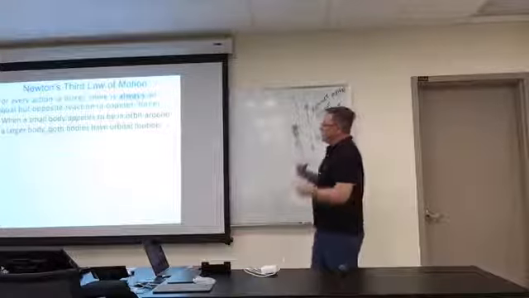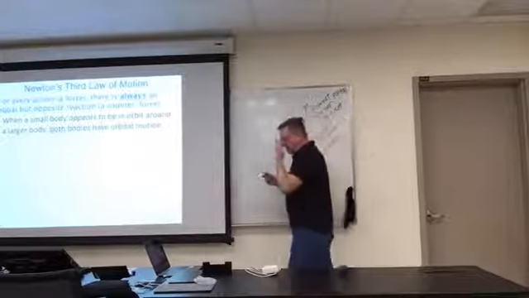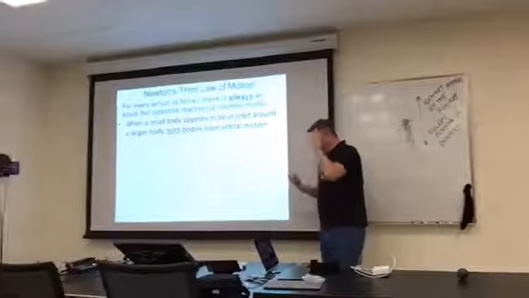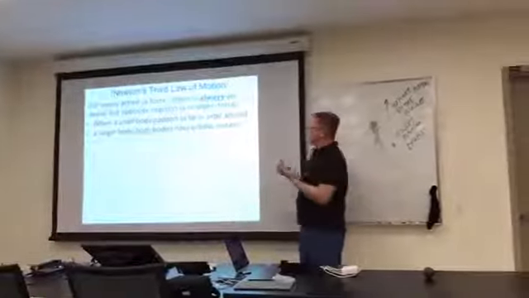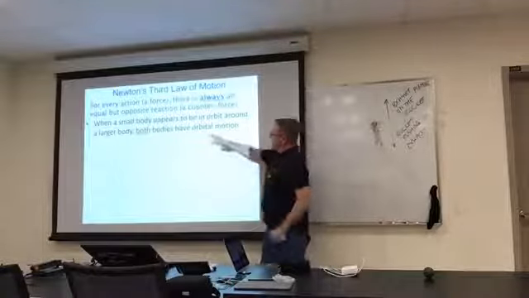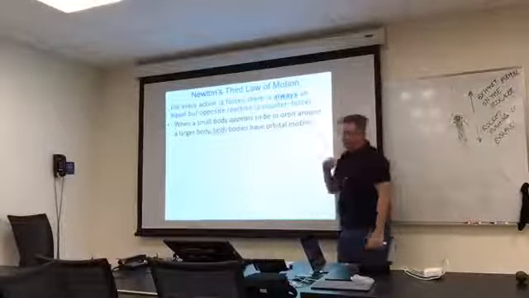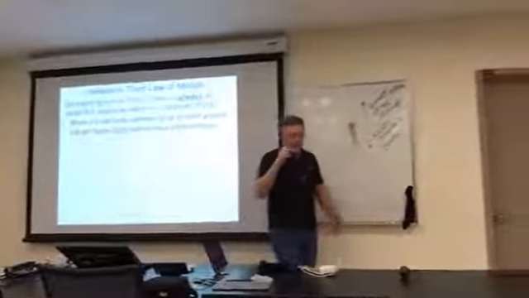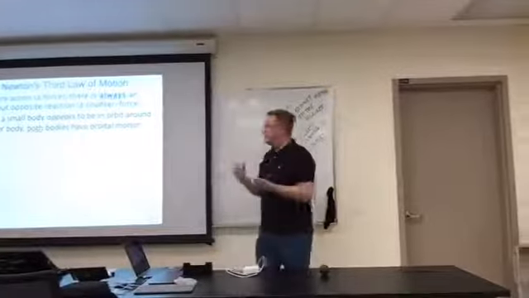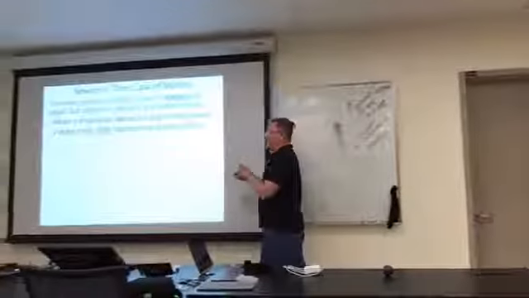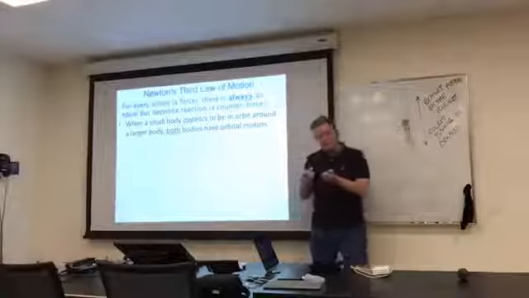Again, Newton, upon realizing and writing down his third law and thinking through the implications of it, realized that when a small body appears to be in orbit around a larger body, out in outer space, both bodies have to have orbital motion.